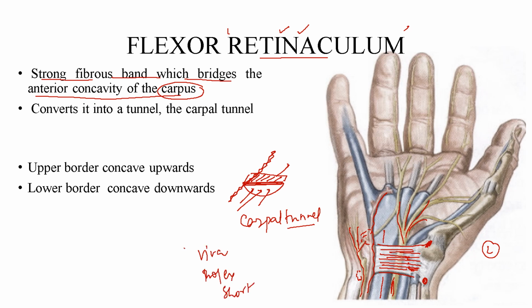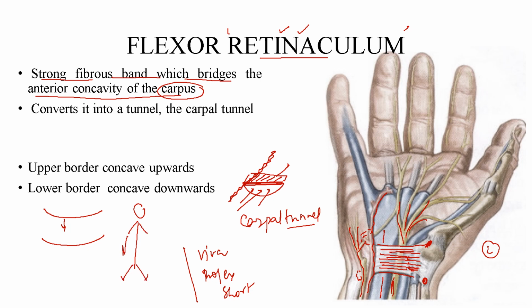Now, if you look at the shape of the lower border of the flexor retinaculum, it is concave downward, because we are assuming the person is in the normal anatomical position, standing.